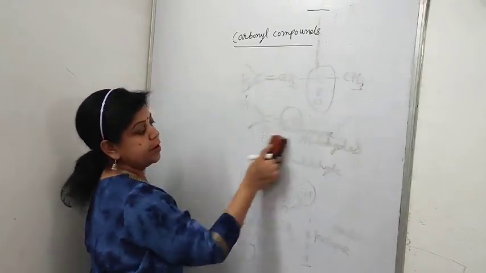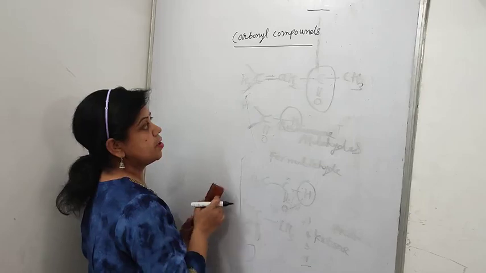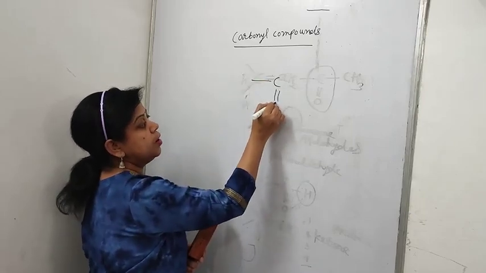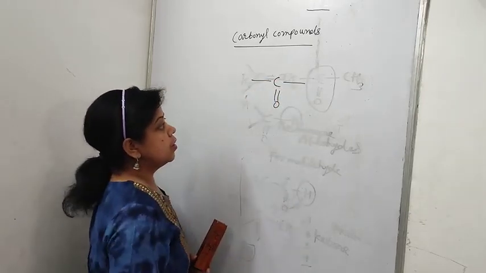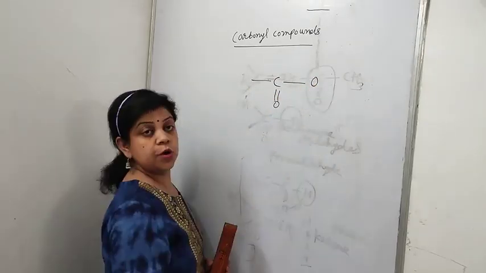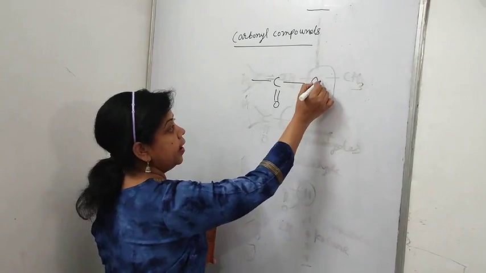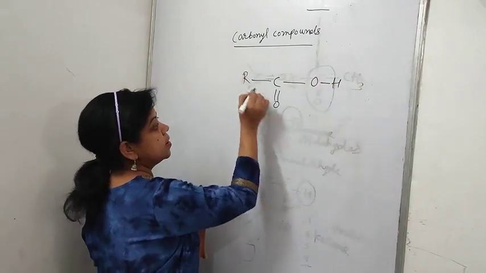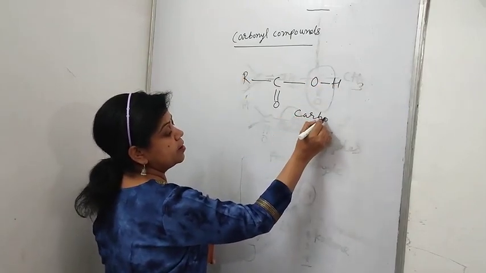Now the next category of carbonyl compounds in which carbonyl group is in middle and carbon is attached with another oxygen atom. Then this is known as carboxylic acid.